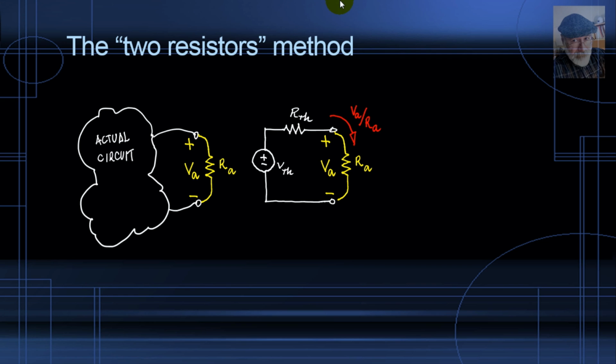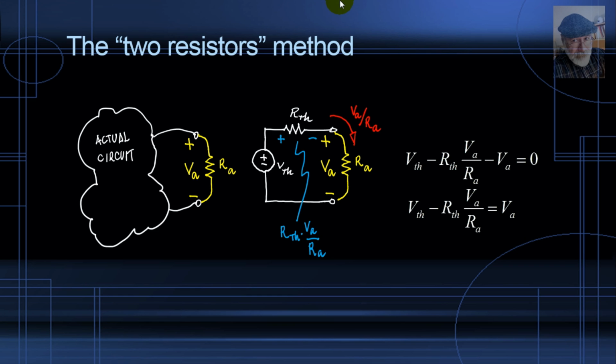That current will produce a voltage drop in the resistor RTH, and that will be given by Ohm's law, RI: RTH multiplied by the current, VA divided by RA. Now we can write a KVL equation around that loop, going up by VTH, going down by the drop in the resistor RTH, and going down by VA.